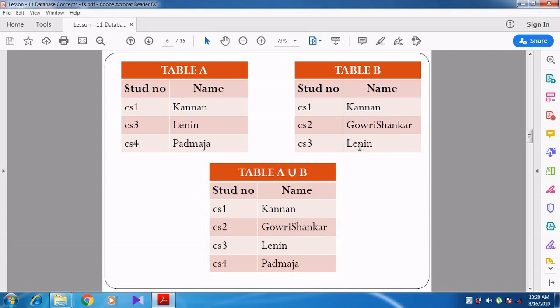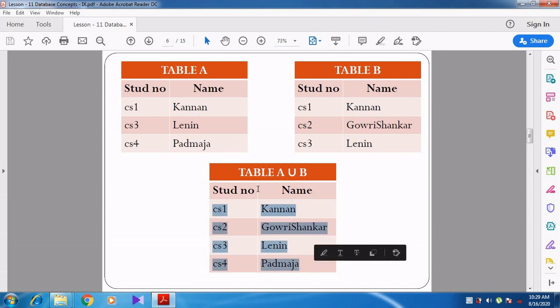It combines all together, but it removes the duplicate tuples. So we get CS1 Kannan, CS2 Gauri Shankar, CS3 Lenin, CS4 Padmaja.